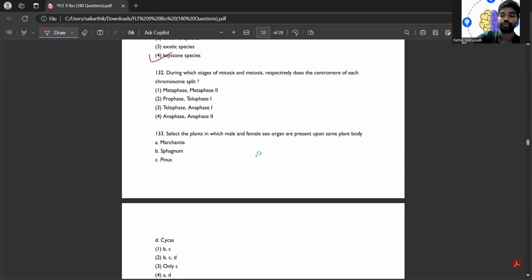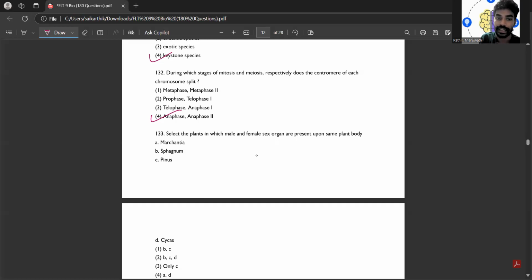Then 132 says during which stage of mitosis and meiosis respectively does the centromere of each chromosome get split? Anaphase and anaphase 2. Direct question. Then 133, select the plant in which male and female sex organs are present on the same plant body.